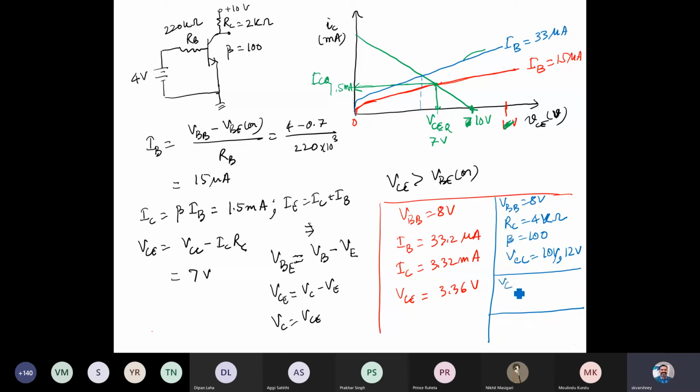So let's say VCC is 10 volt, and VCC is 12 volt. What do you get for IB, and what is the VCE in this case, and what is the IB and what is the VCE?